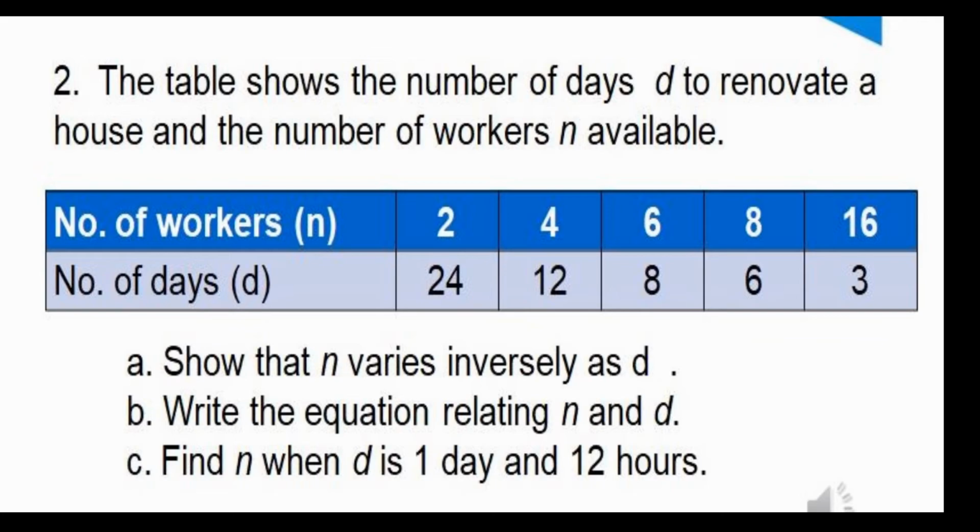At the second row is the number of days D. And we have 24, 12, 8, 6, and 3. Questions. Letter A. Show that N varies inversely as D. Letter B. Write the equation relating N and D. Letter C. Find N when D is 1 day and 12 hours.